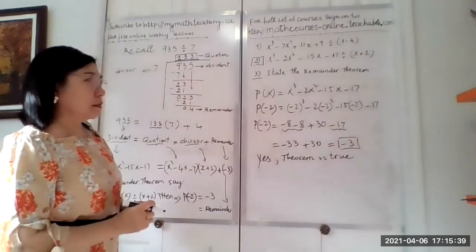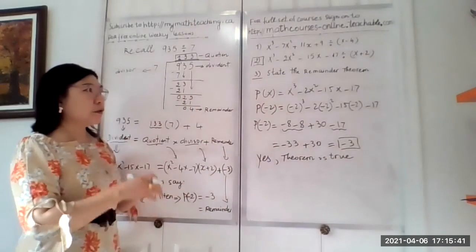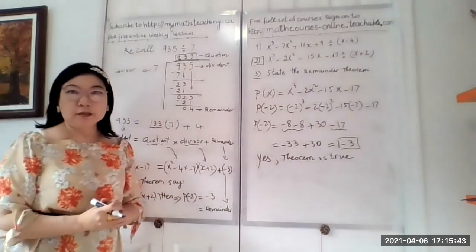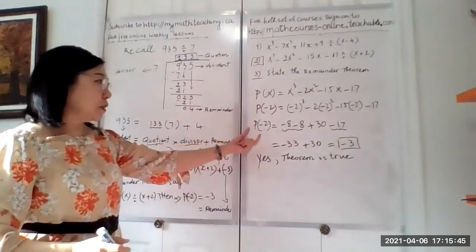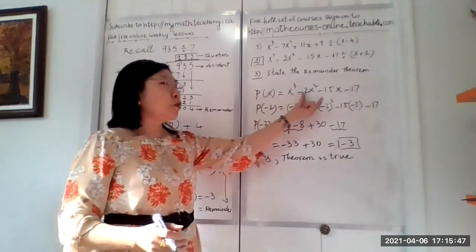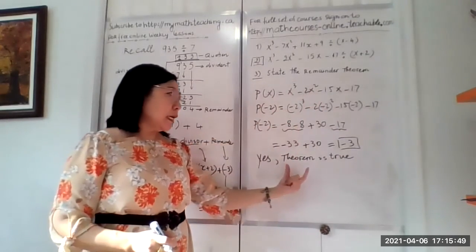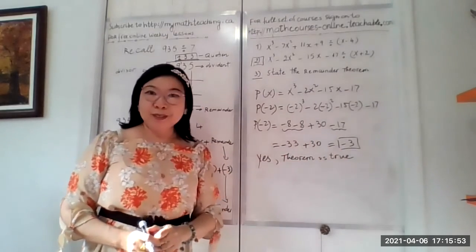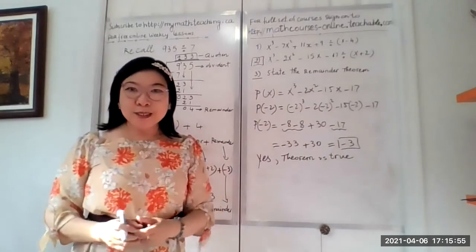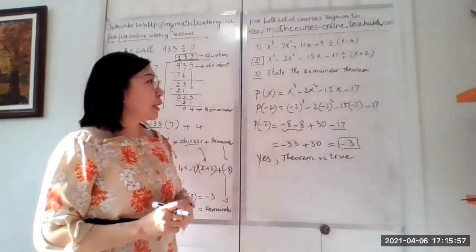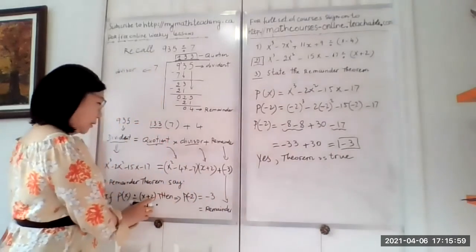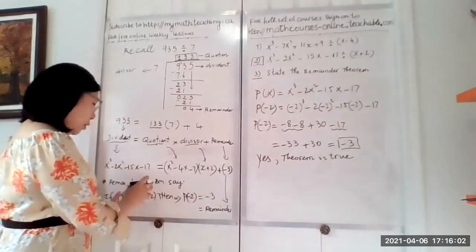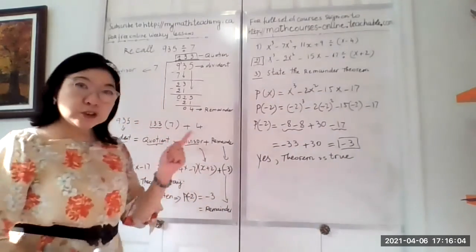Without using long division, I was able to substitute minus 2 into this polynomial function, calculate it out, and get the remainder. So let's say you give me a polynomial like that and a factor, or a divisor, like this.